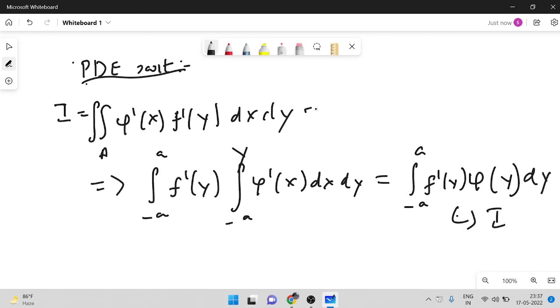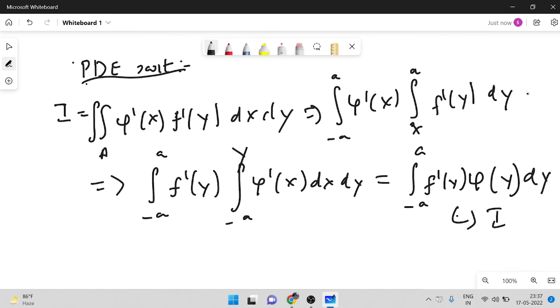And the second integral: firstly we integrated with respect to phi, then we integrated the entire term. Now we integrate with respect to phi dash of x, from x to a, times f dash of y dy and dx.